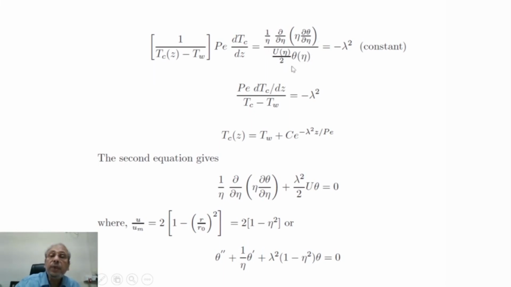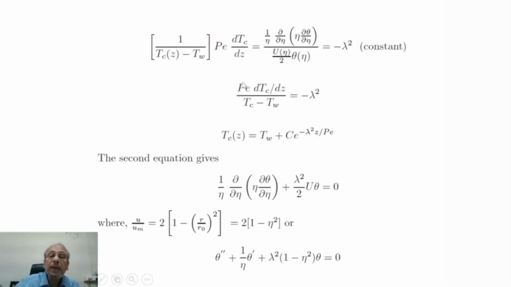Now this group is a function of eta and this group is a function of z. So we have already separated the variables and we can bring in the separation constant minus lambda square.